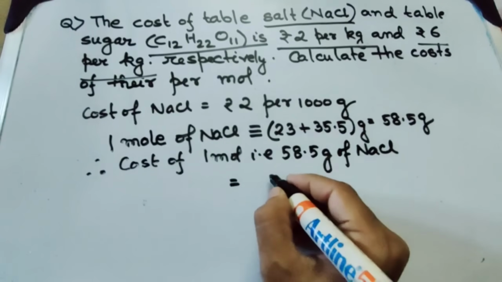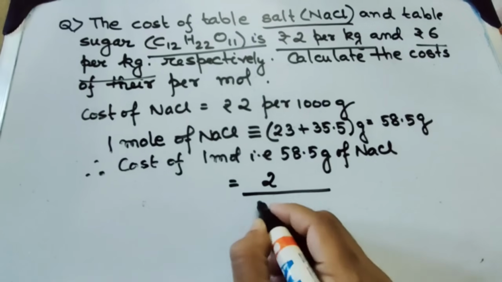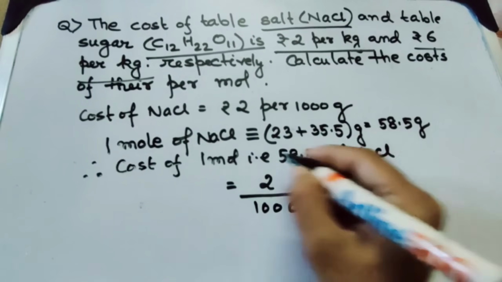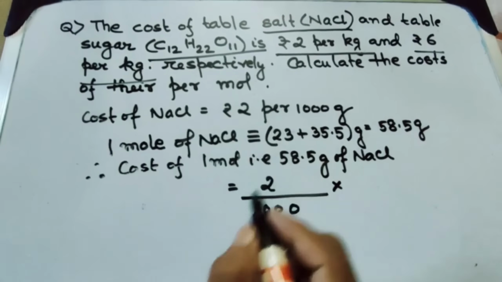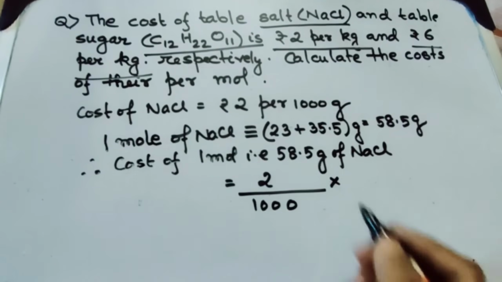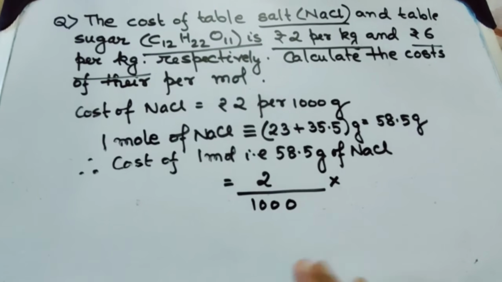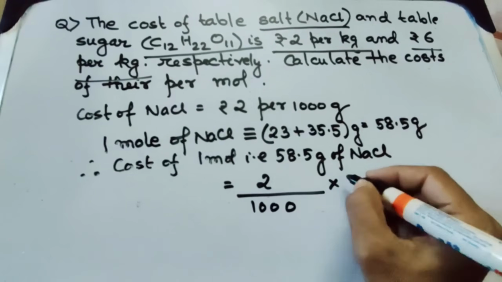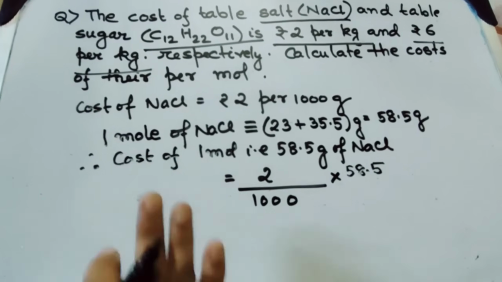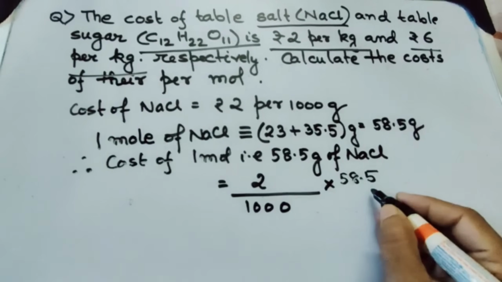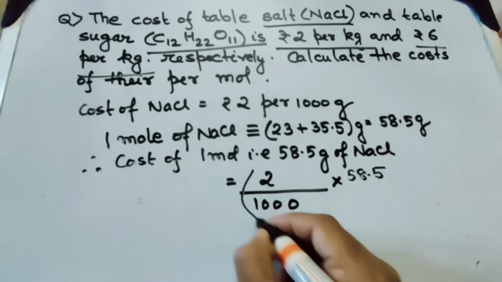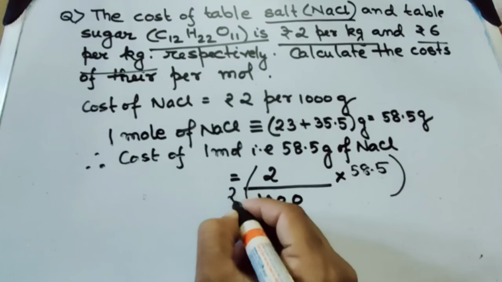Rupees 2 for 1000, so 2 by 1000 gives the cost for 1 gram. You are doing the unitary method. Then later you have to multiply by 58.5, right? So this is for 1 gram and this is for 58.5 gram. So this will be the cost, this many rupees.